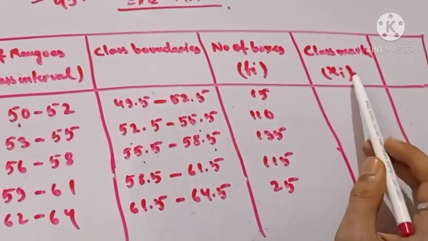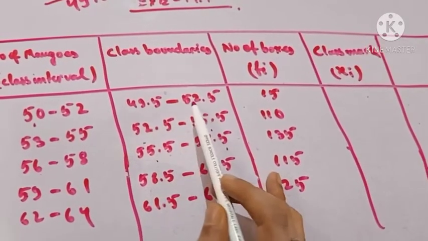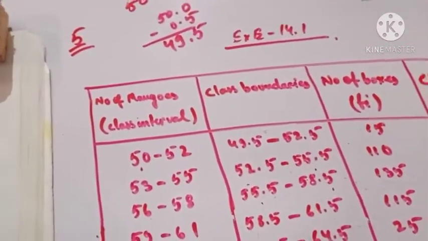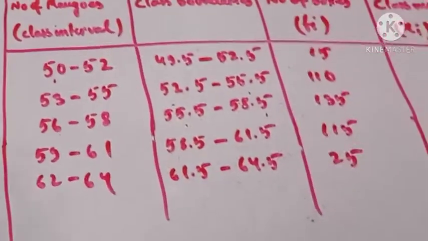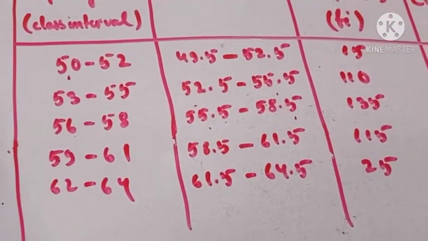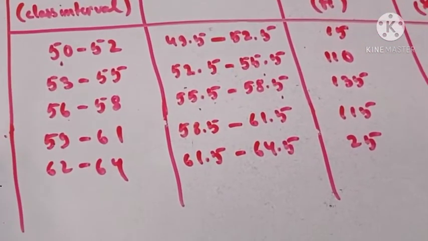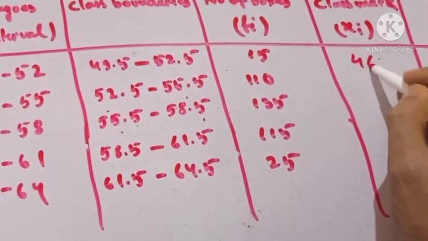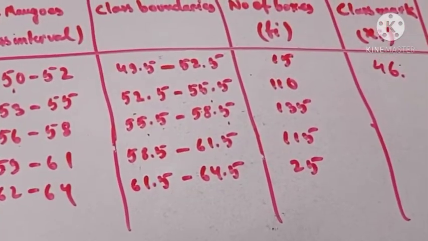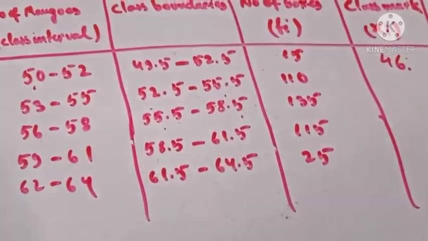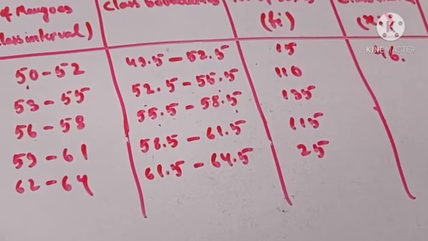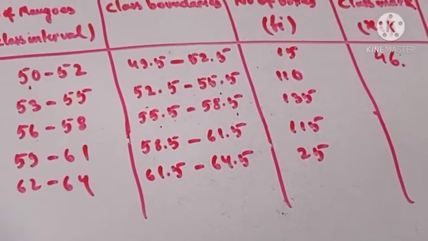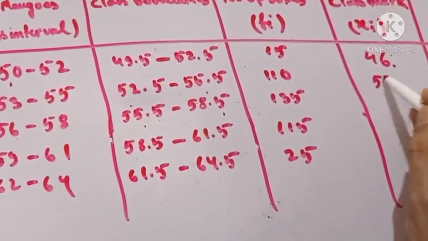How do we calculate the class mark? Lower limit plus upper limit divided by 2. 49.5 plus 52.5 divided by 2, I will get 51. Next, 52.5 plus 55.5 divided by 2, I will get 54.